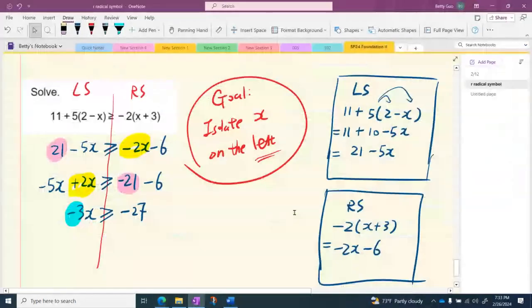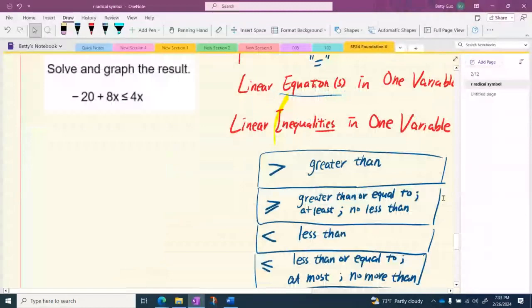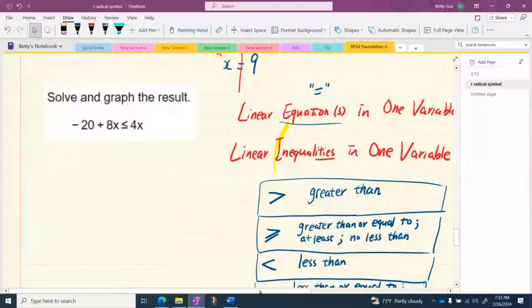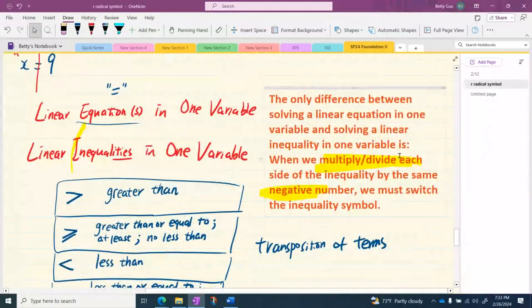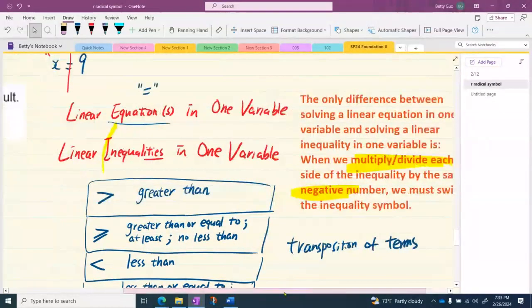If this was an equation, of course we're going to divide each side by negative 3, right? Same here. However, we have a rule here. Did you write it down earlier? The rule says when we multiply or divide each side of the inequality by the same negative number, we have to switch the inequality symbol. Okay, what does that exactly mean?